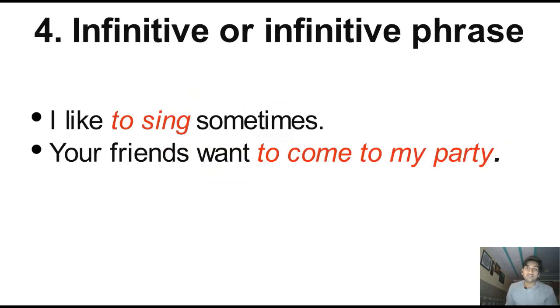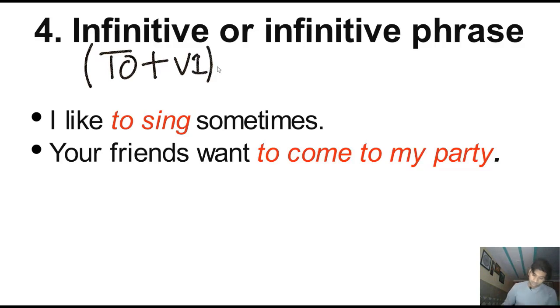Fourth, infinitive or an infinitive phrase. Now, what is an infinitive? An infinitive is to plus the base form of a verb that has different functions. It can function as a noun, as an adjective, as an adverb, but here as a verb complement, it will function as a noun. I'll write examples. I like to sing sometimes.